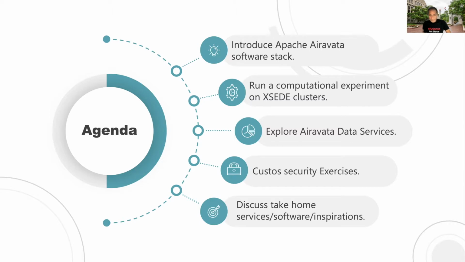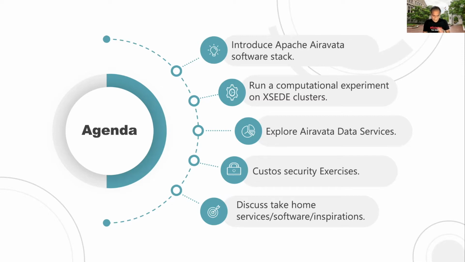Moving from there, we will look into how you would use data services once you have your computations. If you've been attending Airavata tutorials in the past, we have some updates to this tutorial, particularly on the data direction.